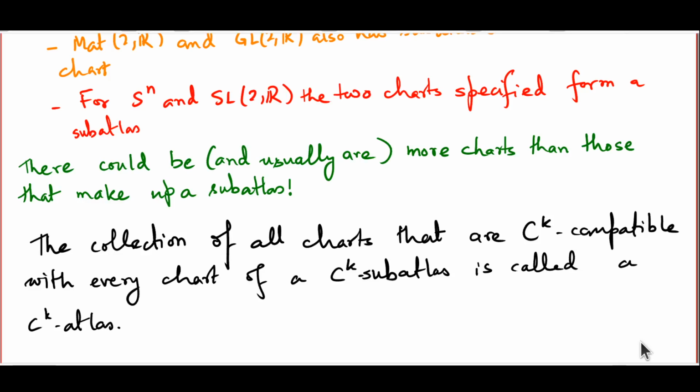Now notice that we are demanding that all of these charts that you are introducing here are C^k compatible with a given C^k subatlas, which means that you have at least enough charts to cover the entire set, and you are adding more and more charts to that.